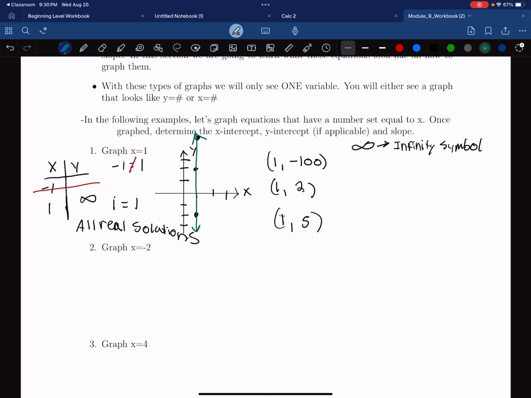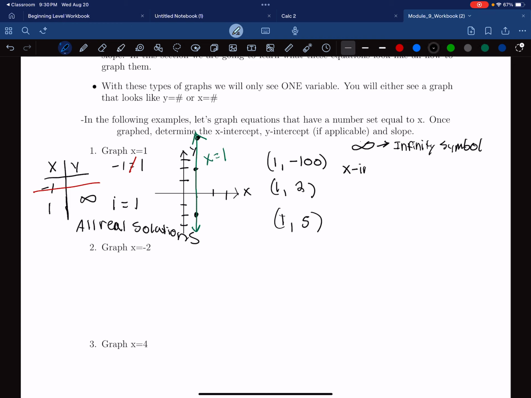So that green line is the graph of x equals 1. And now that we have graphed this equation, we have to also find the x-intercept, y-intercept, and the slope. So let's see.